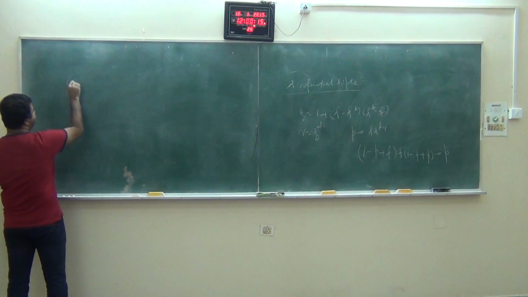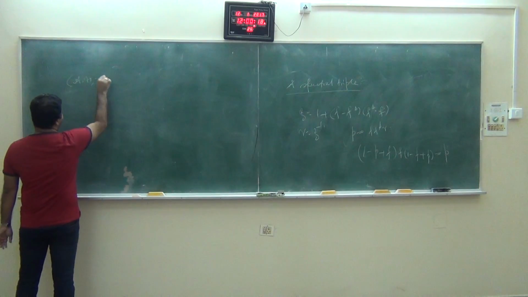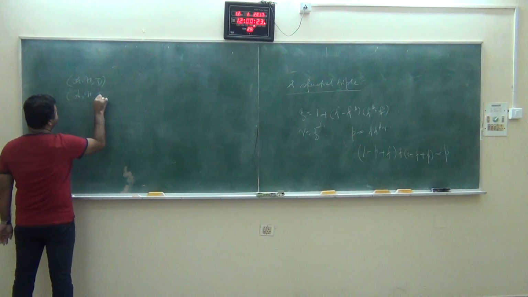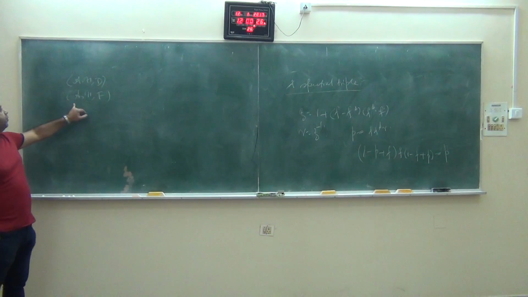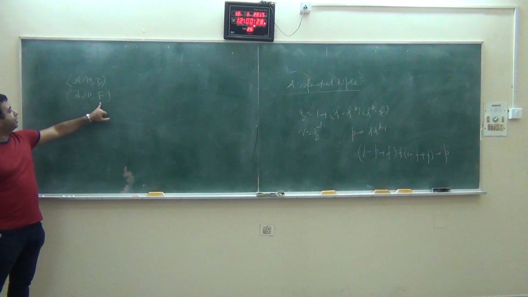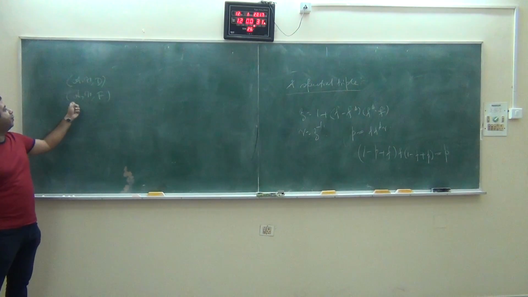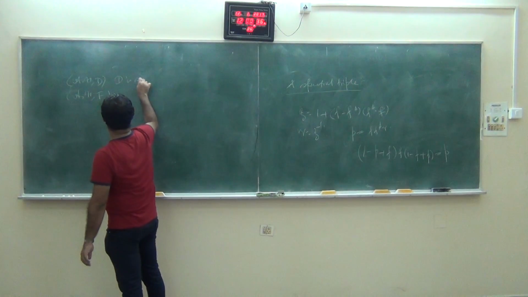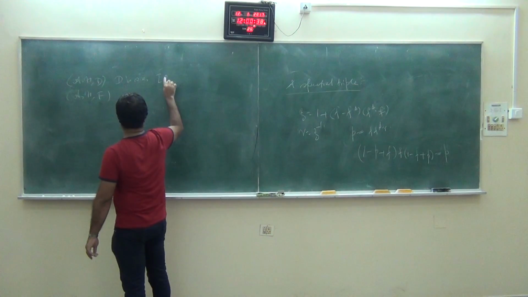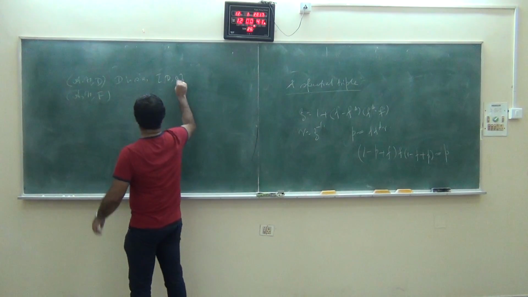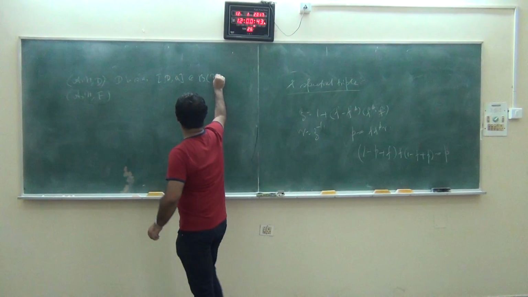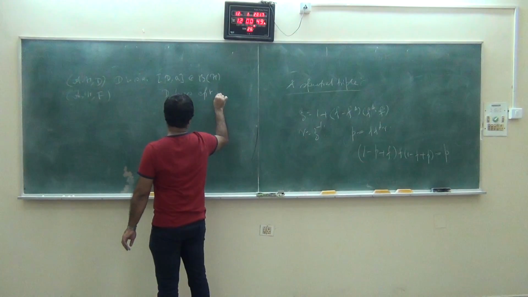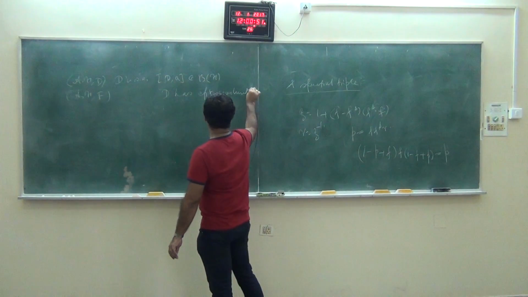A spectral tuple consists of a tuple very similar to the earlier one. Earlier one had an algebra represented in the Hilbert space, and an operator which was bounded with compact resolvent. This time, same, D is self-adjoint. We do not demand these things to be compact, but we demand them bounded, and D has compact resolvent.